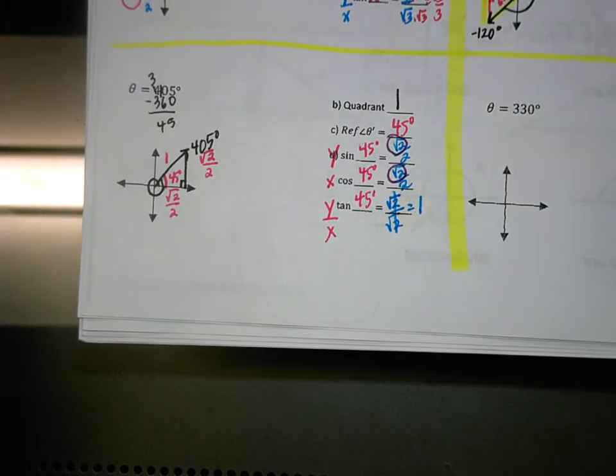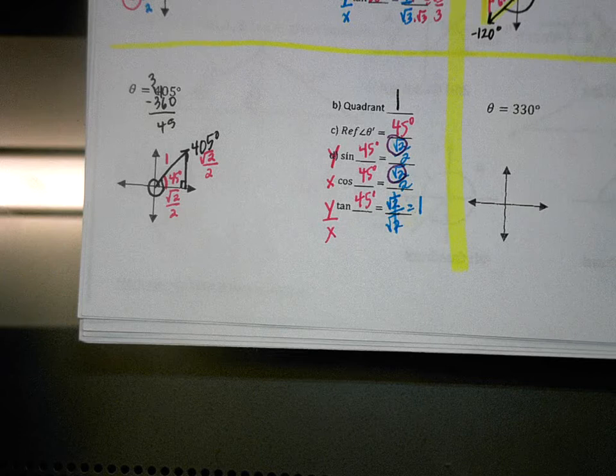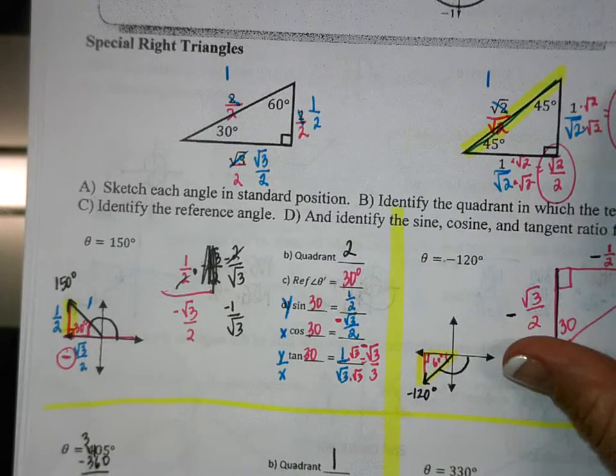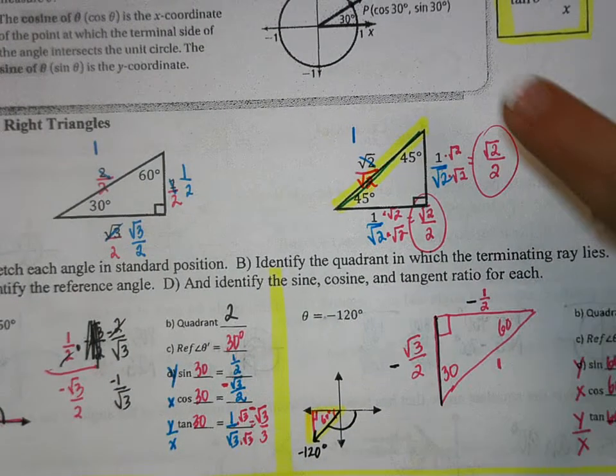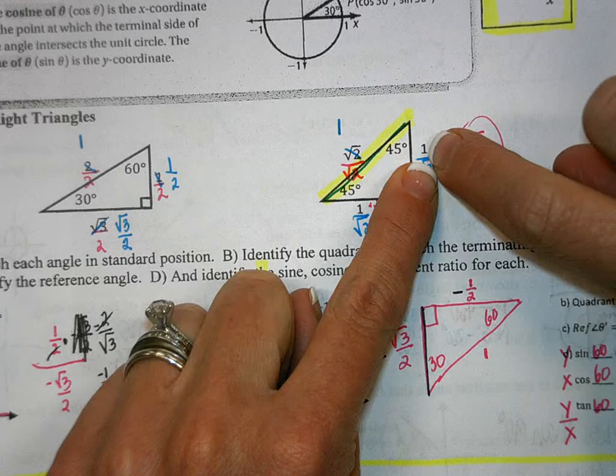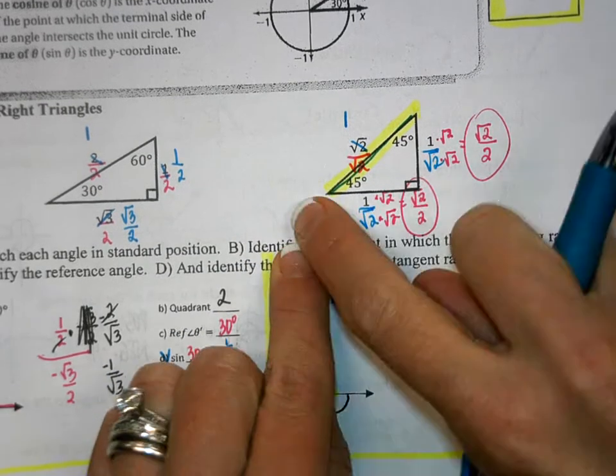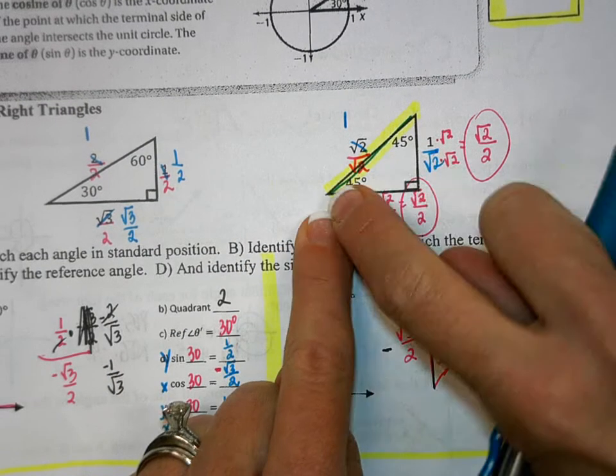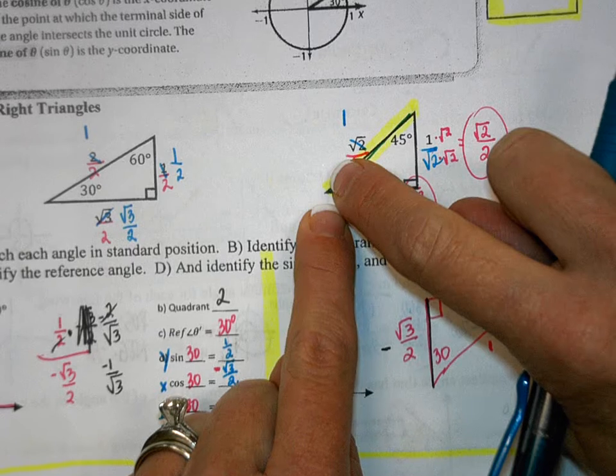That's it. Any questions? Yes, that's how it is originally. And so yesterday, when we were going through this, see how it originally had a root 2 and a 1 and a 1? Well, because on our unit circle, the hypotenuse or radius needs to be 1.